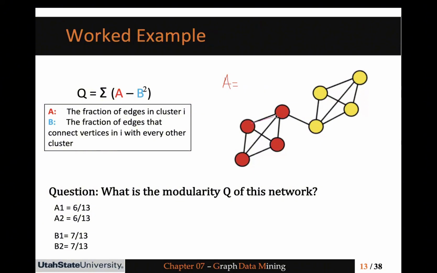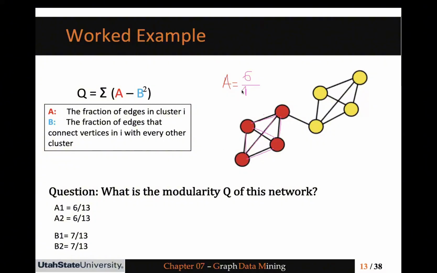So if you just count the edges that I am highlighting over here, these are the edges that link me to my red community, right? And if you count them, there are about 6 of them. There are 6 edges that connect the red nodes with the red nodes, over the total number of edges that exist across my whole graph.